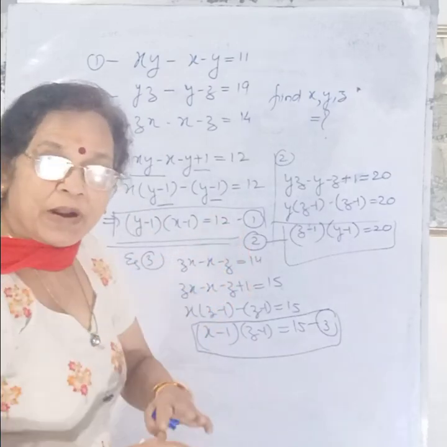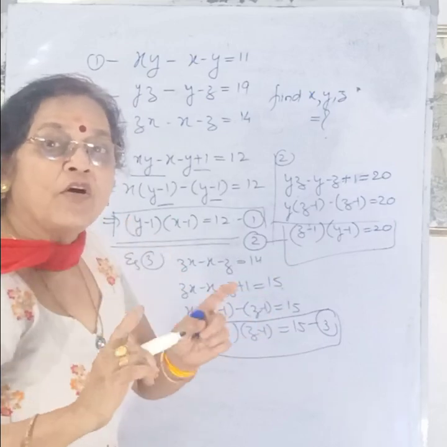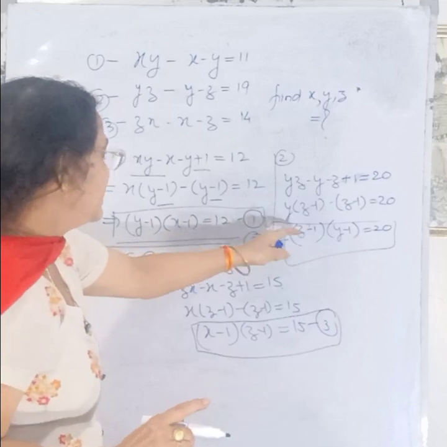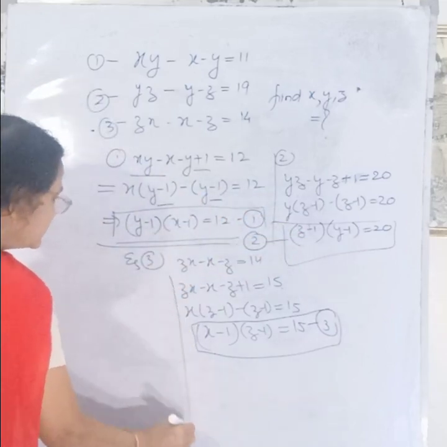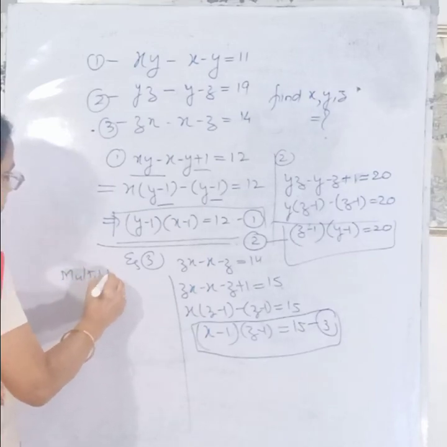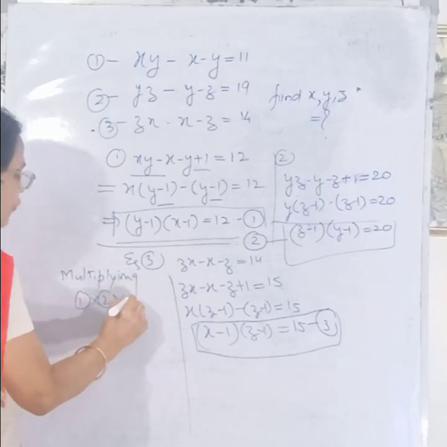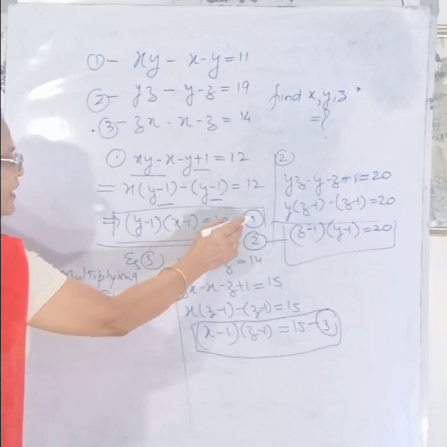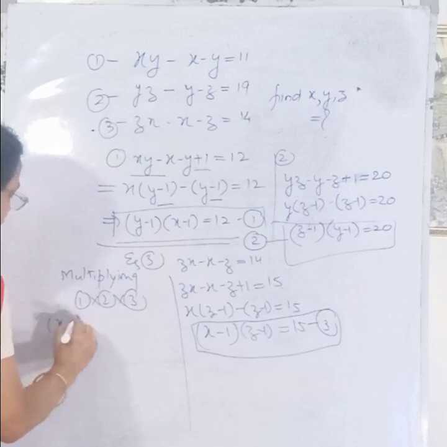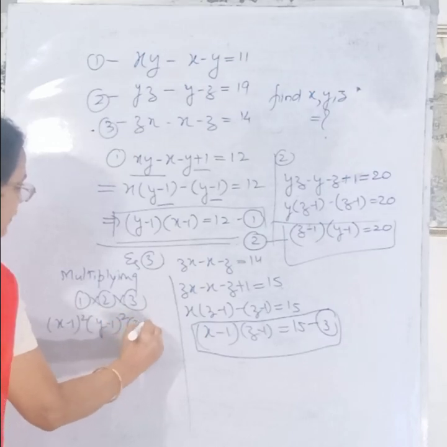It means if we multiply all these 3 new forms of the equations, we'll get the square of y minus 1, square of x minus 1 and square of z minus 1. The multiplication is of 1, 2 and 3 in the new form, not the old one. We'll get (x minus 1) squared into (y minus 1) squared into (z minus 1) squared.